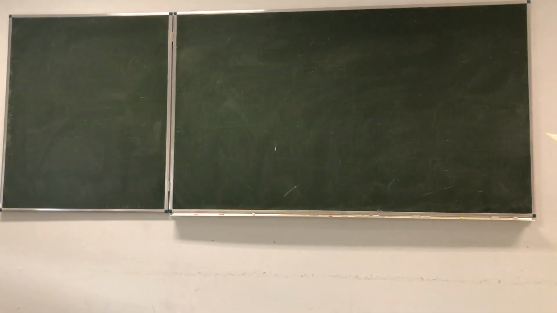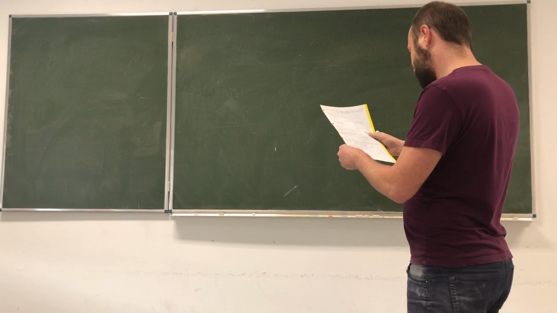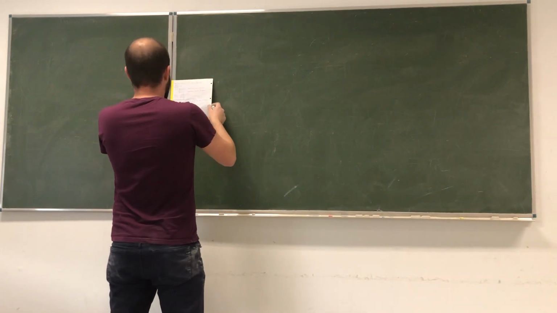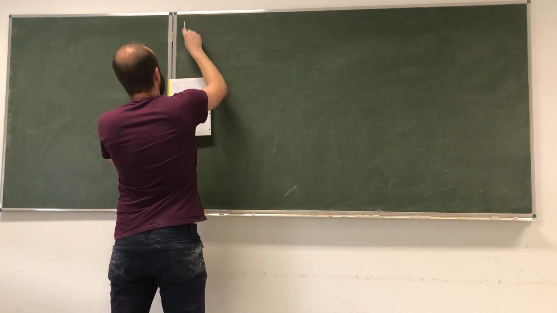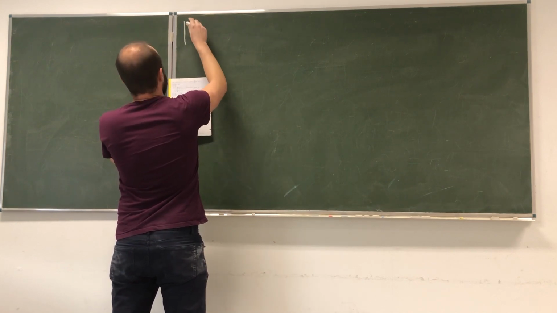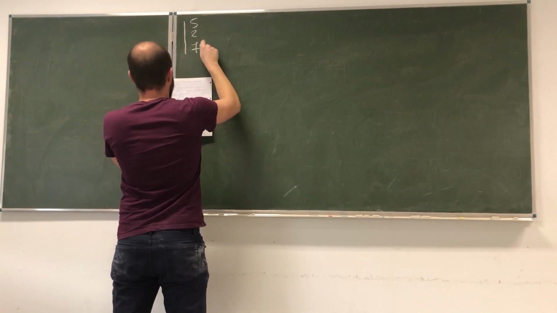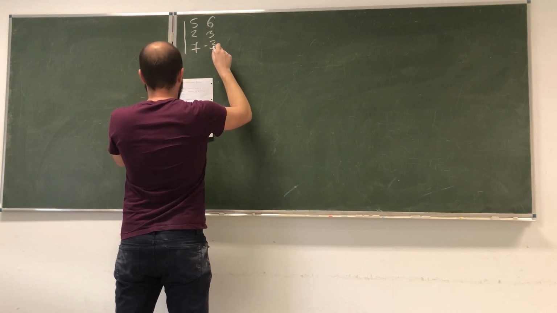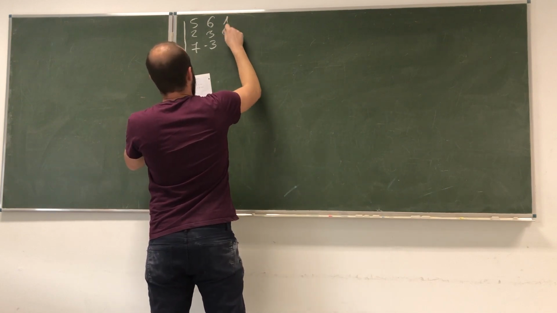Okay, so let's start. Let's have an example. Okay, so let's just say that now we've got 5, 2, 7, 6, 3, -3, and 1, all.